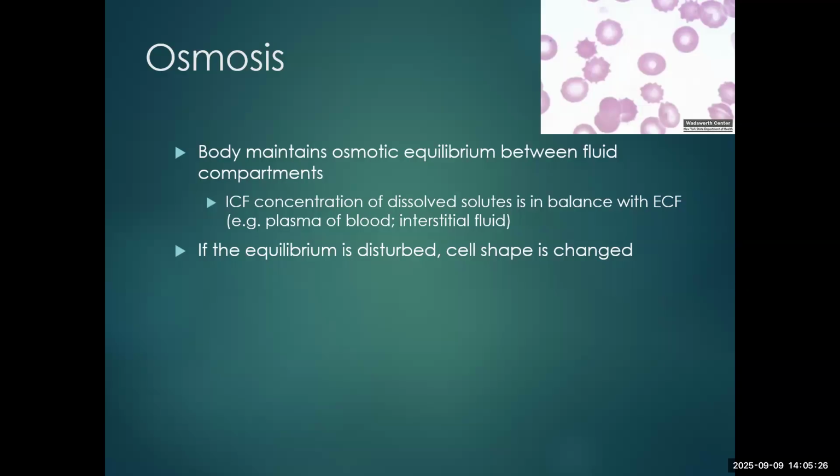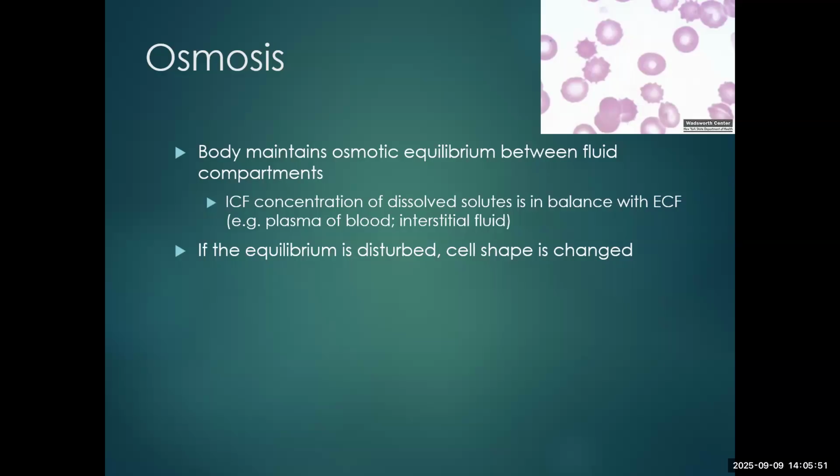Well, I will tell you what happens. Solutes suck. And you should memorize it. Because the solutes, the water moves toward the solutes. So water will move outside of the cells to the higher concentration of solutes.